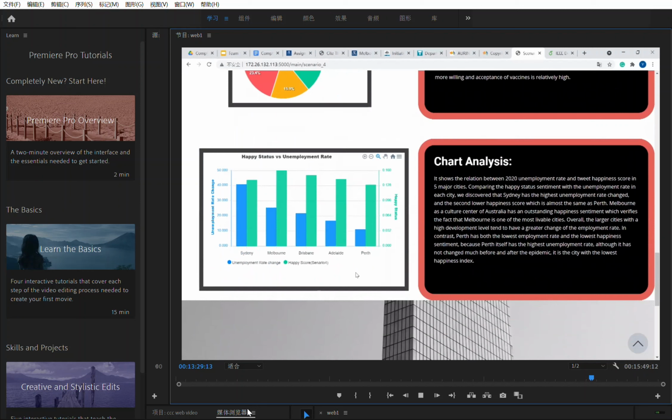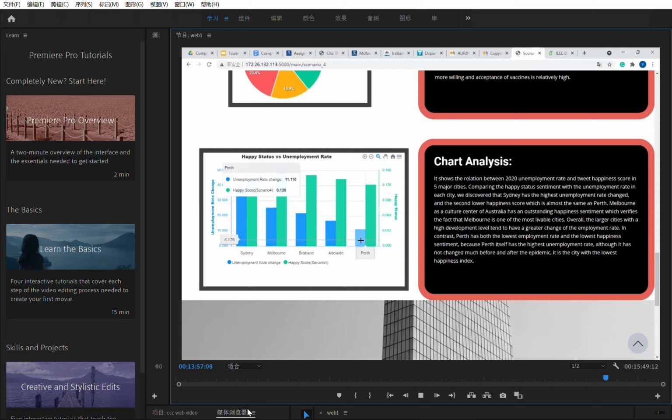The last chart shows the relation between 2020 unemployment rate and tweet happiness score in different cities. So we find that although Sydney has a very high unemployment rate change, people in Sydney always have a high happy score as well.